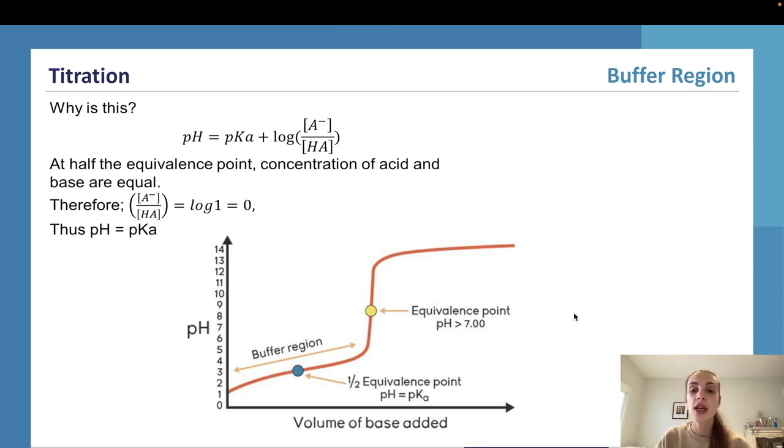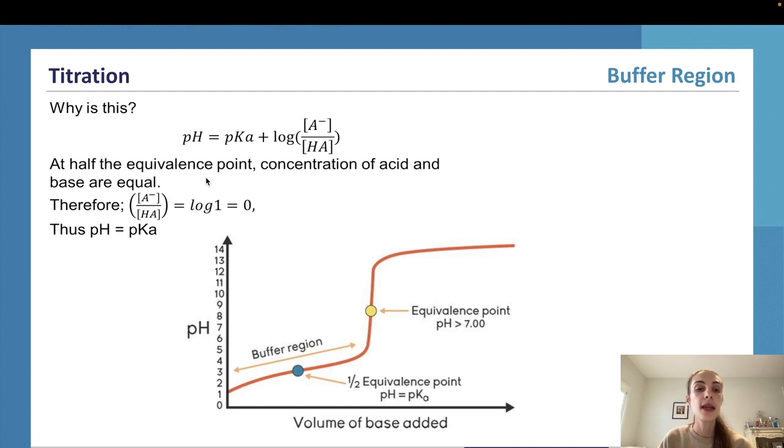So in pH, we also need to make a very conscious note of the buffer region. And this is because of our Henderson-Hasselbalch equation, where pH equals pKa plus log of the conjugate base divided by its original acid.